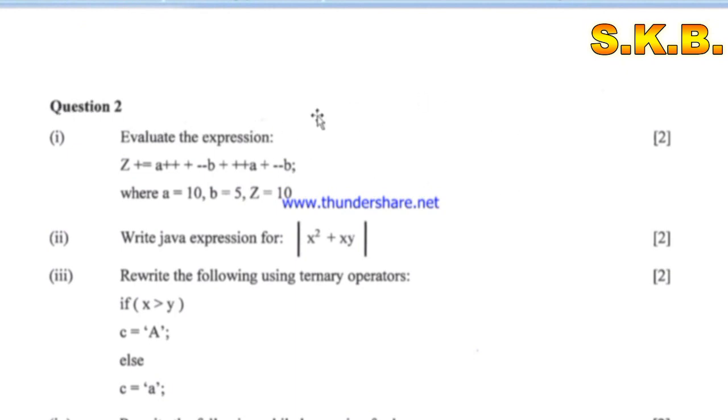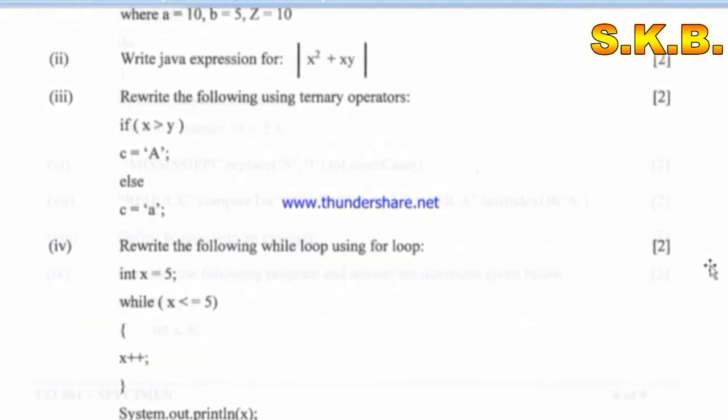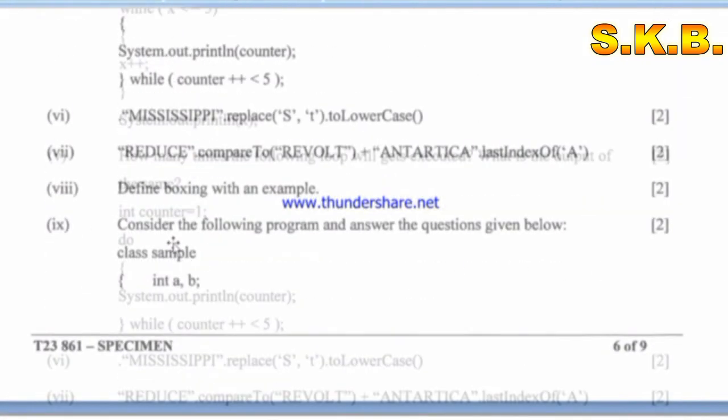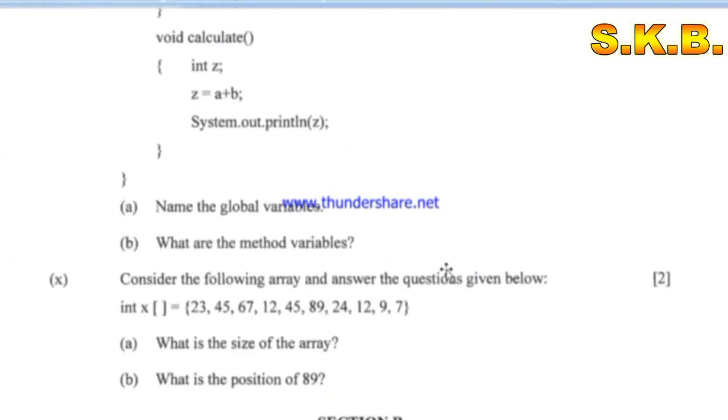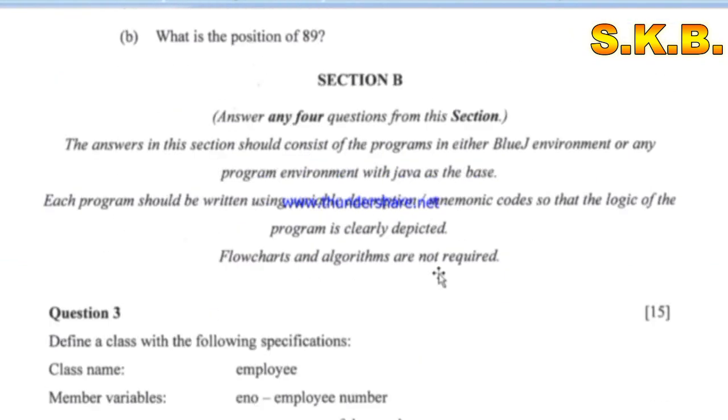I have already told you that each question carries 2 marks. Now I am scrolling down a little: question number 9, 10, and now Section B.